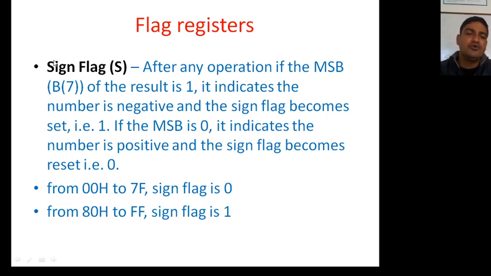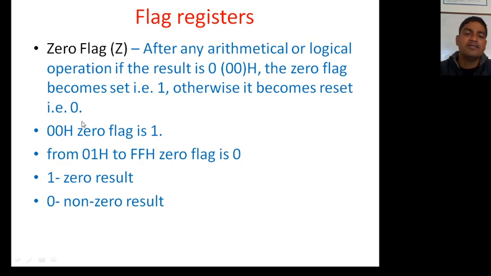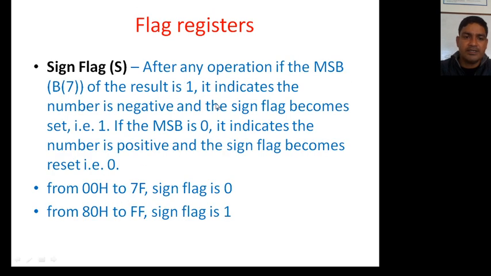If its value is 0, then the number is positive and the sign flag becomes reset. What will be the range from 00 to FF? From 00 to 7F, the sign flag is always 0, meaning the number is positive. From 80 to FF, the sign flag is 1 because the MSB is 1.